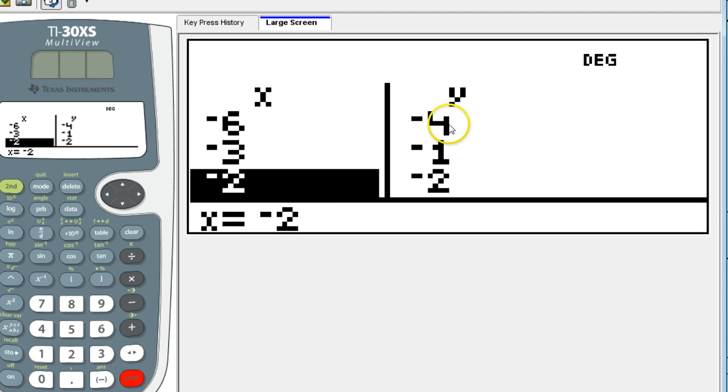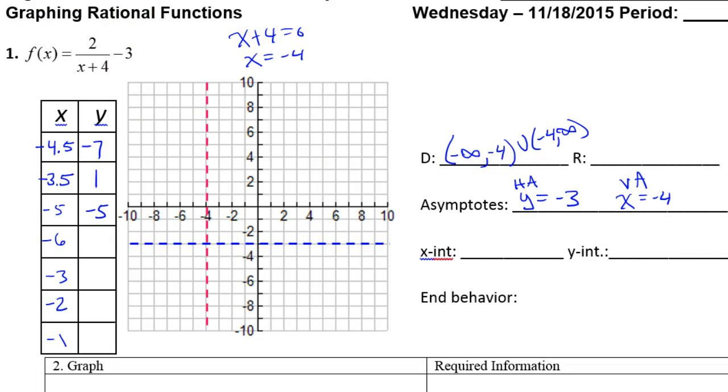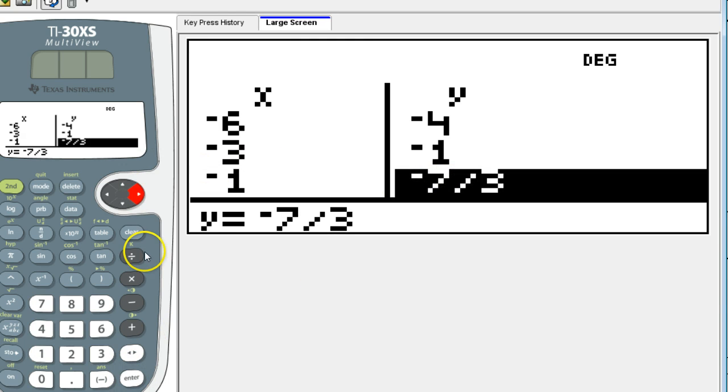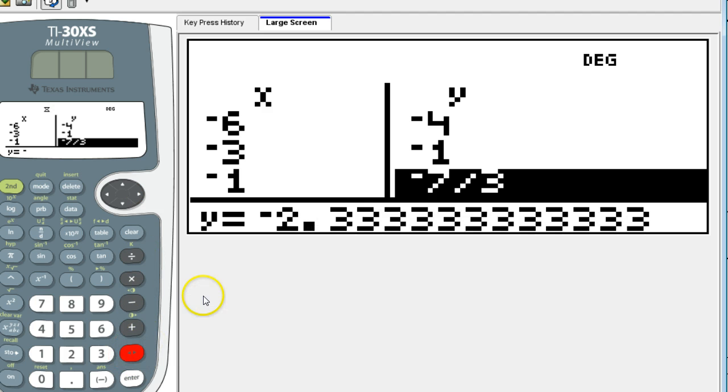Okay, so that's -4, -1, -2. And finally, I want to see what's happening at -1. Okay, that's -7/3, which I can turn to a decimal to help me out. That's -2.3.